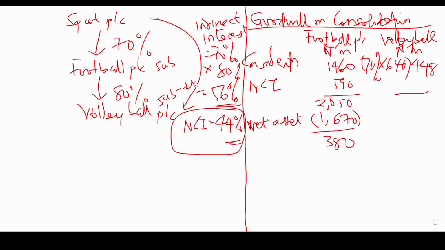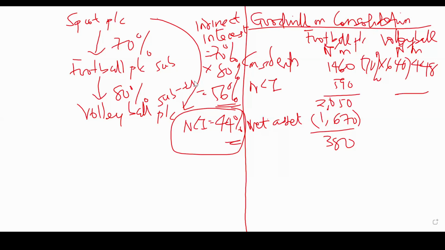Sorry, sir, for the consideration, why didn't you use 56%? We must consider all of that 640 million that was paid. That 640 that was paid, we're going to assume that of the cash that Football PLC paid to volleyball, we own 70% of the assets and liabilities of Football PLC.